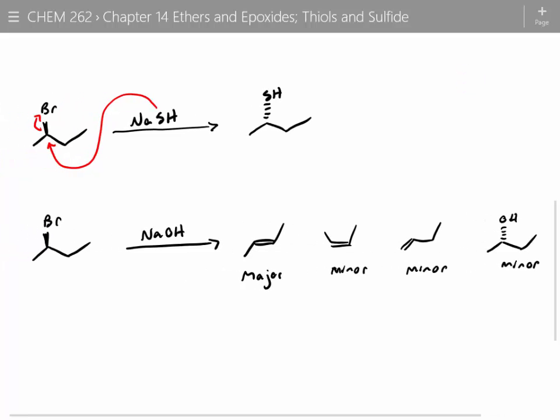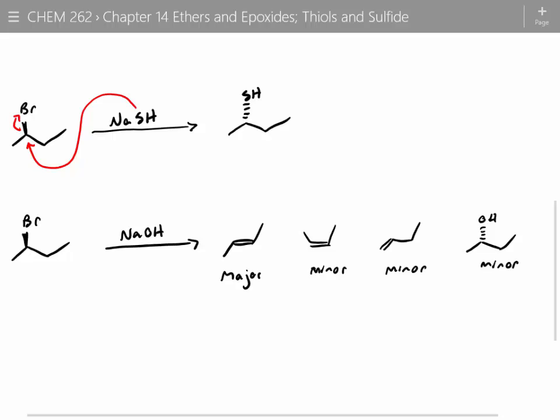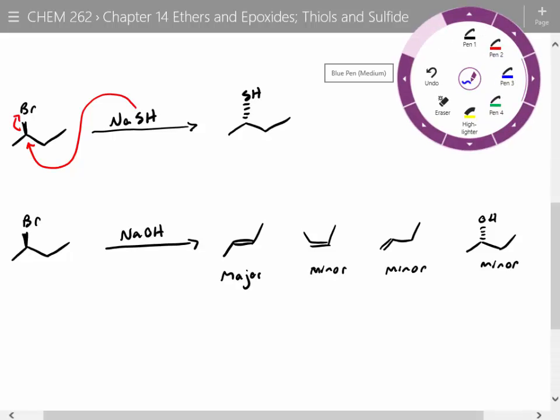Why are we getting so many different products for sodium hydroxide but only SN2 for the thiol reaction? And it's smaller. Is it smaller? If we look at the periodic table, it's further down the table, which means that it's actually bigger. No, I'm talking about the OH being smaller. So it's smaller. Does that mean it's a better or worse base? Better. Better base, exactly. That's what I was trying to get you guys to.